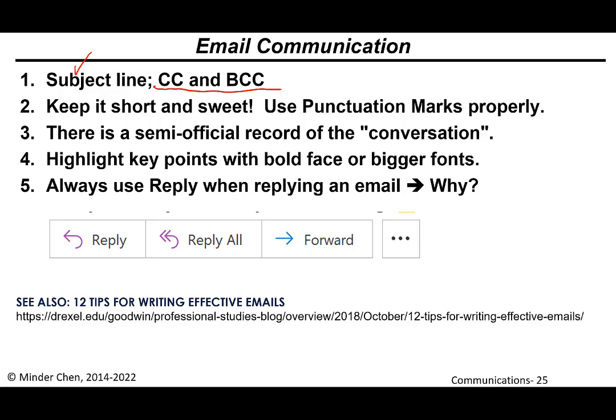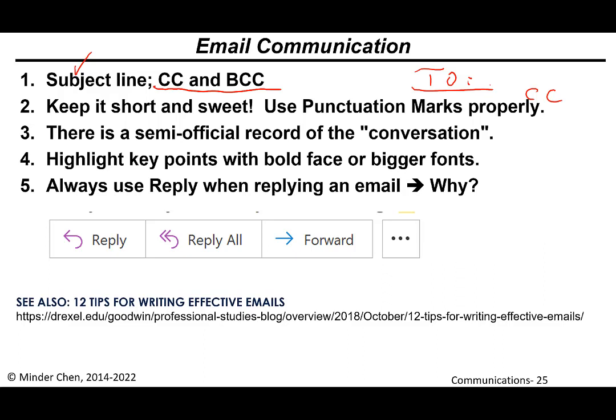Okay, to whom. And CC is, for instance, if I'm sending something to my colleague and I want my program chair to also be aware of it, I will CC my program chair instead of putting my program chair into the To field in the email system.